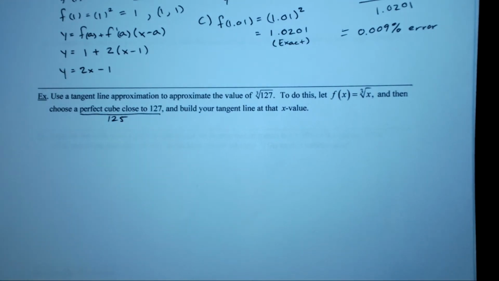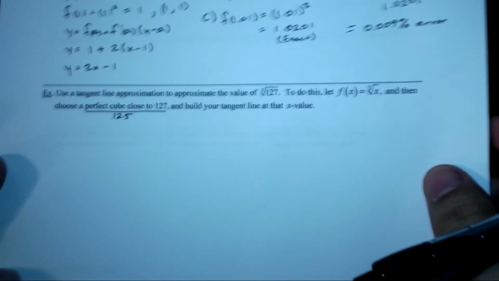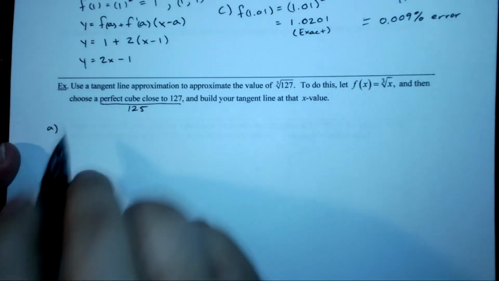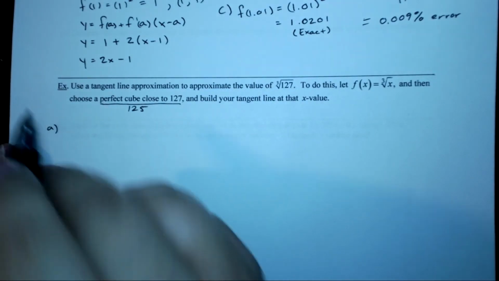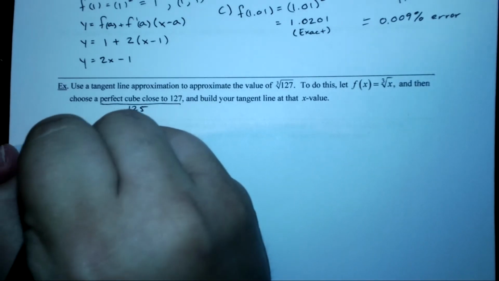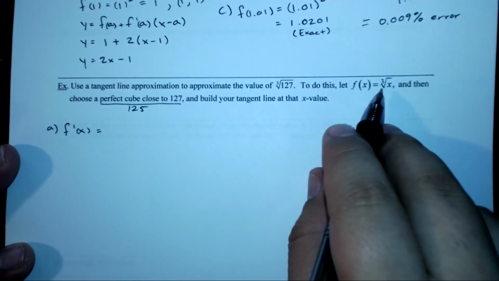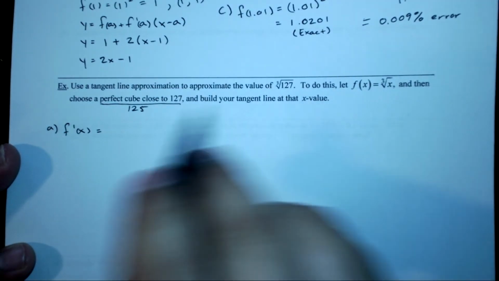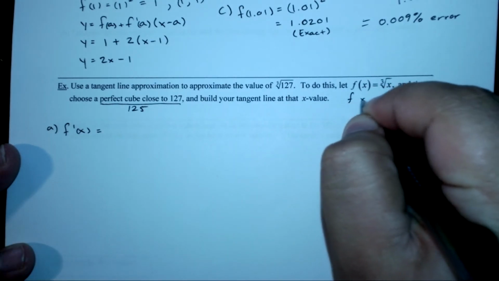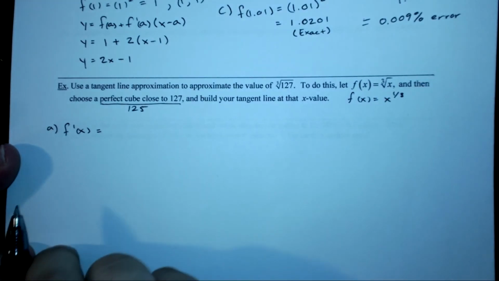Now, let's just follow the same exact process as before. So in part A, we wanted to find the equation of the tangent line. So the first thing we found was what f prime of x is. If f of x is the cube root of x, let's also rewrite this as f of x is equal to x to the 1/3 power, right?